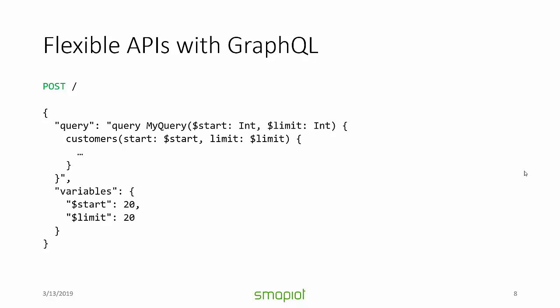Now, inserting specific values is done via another property called variables, where we just have an object defining all the variable values. So very simple syntax, and once this reaches the GraphQL engine on the server, this can be properly checked and sanitized there. So this is a problem I don't have to care about.